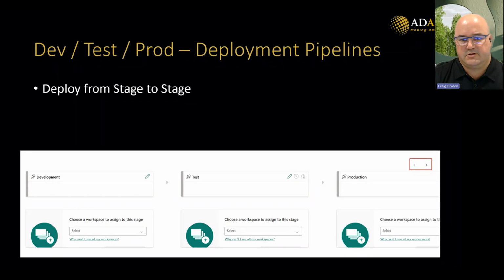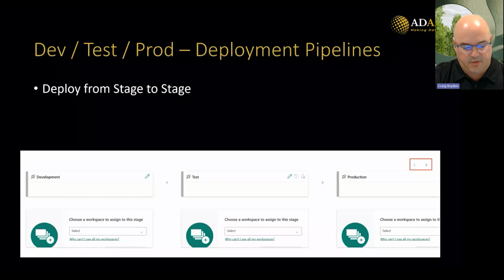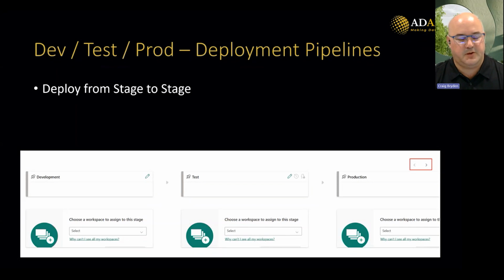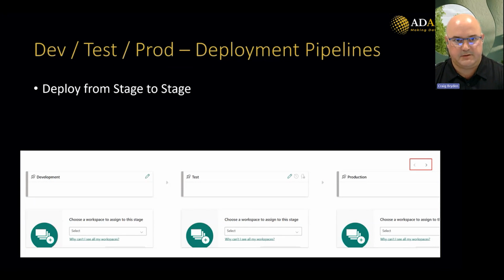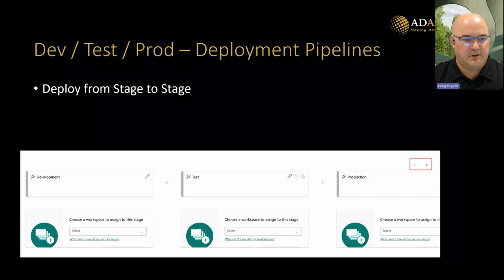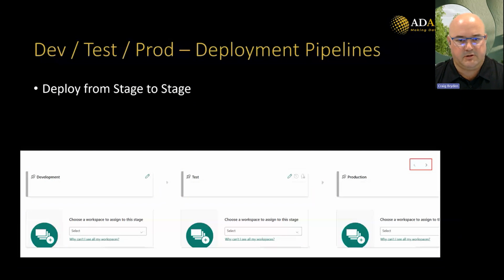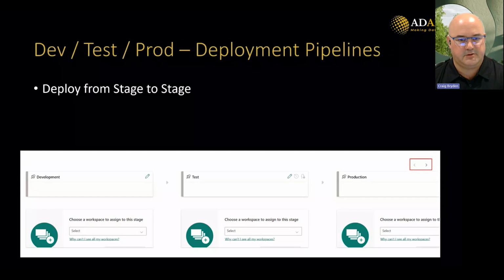So you can see just a screenshot of what it looks like when you create a deployment pipeline. This one's just been created, not much has been done to it. But what this allows you to do is to assign different workspaces to the different stages. So you can see in that screenshot, it's asking you to choose a workspace to assign to that stage.